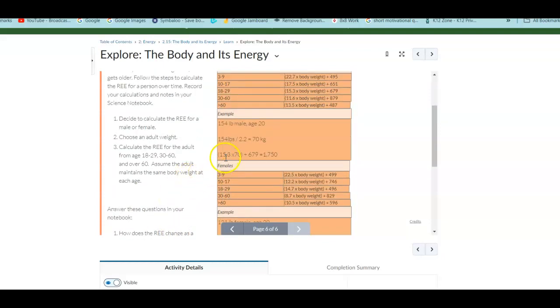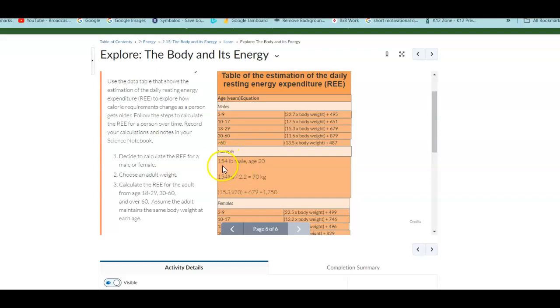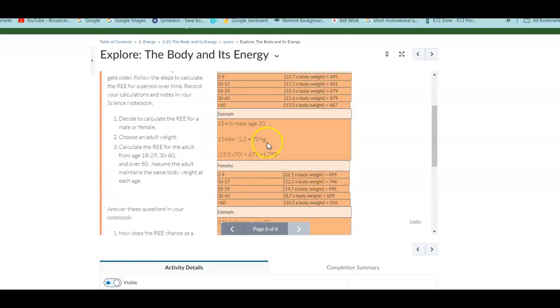If we take a look at the example, they chose a male that's 154 pounds at age 20. To do the math to get started, 154 divided by 2.2 is equal to 70 kilograms. And then they did 15.3 times 70, plus 679 because of the age 20.